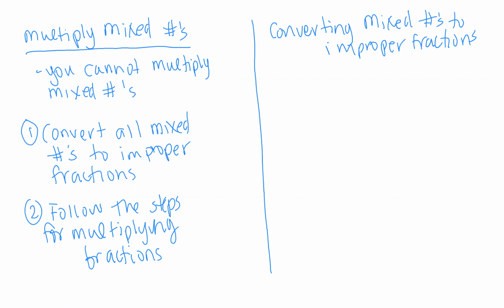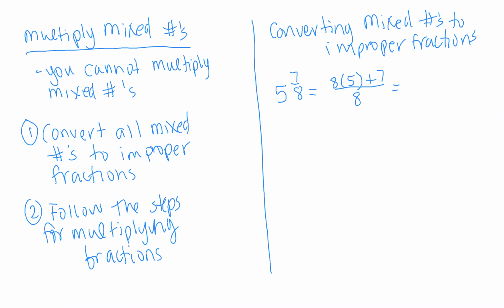So let's say that we have 5 7/8. Hopefully you remember that we take the denominator and we multiply it by the whole number. So I take 8 times 5, add the numerator, and then everything stays over that original denominator. All right, so I get 8 times 5 plus 7, all over 8.